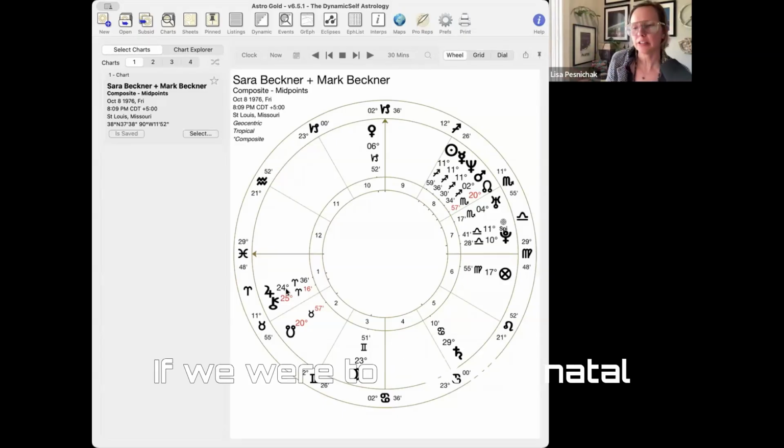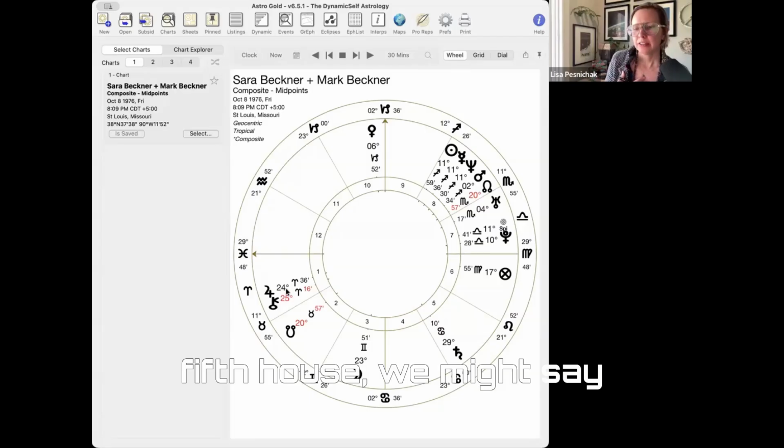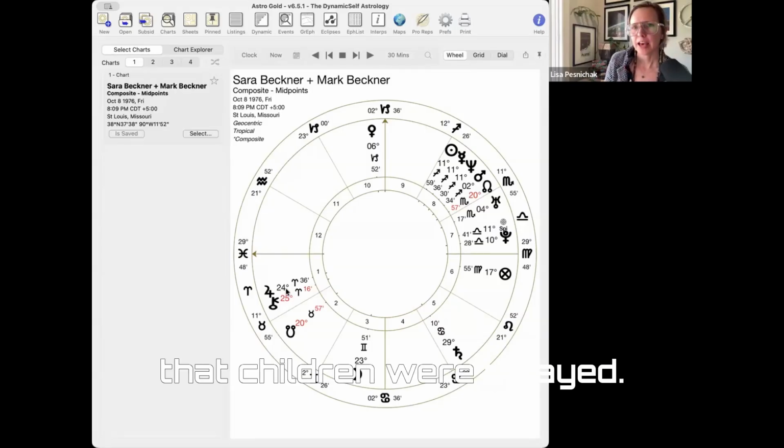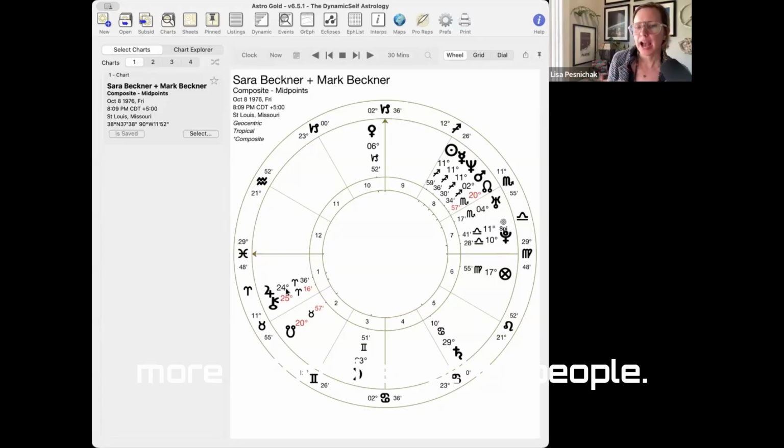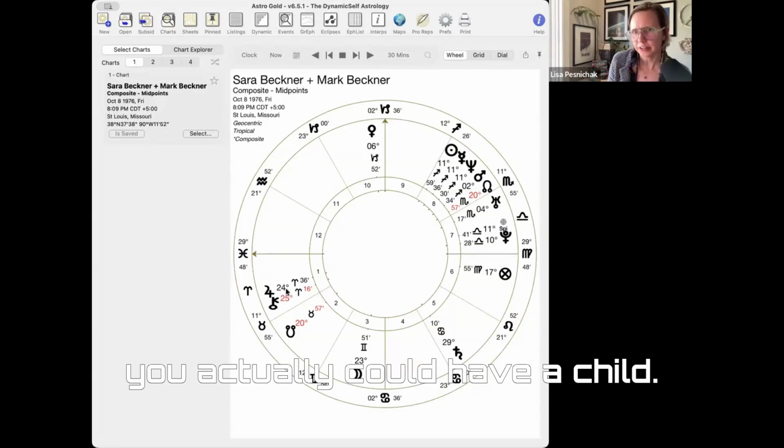If we were to look at a natal chart with Saturn in the fifth house, we might say that children were delayed, that having children was something that came with more effort than other people. And that is your story, that you guys waited a while, that it was a process to get to the point where you actually could have a child.